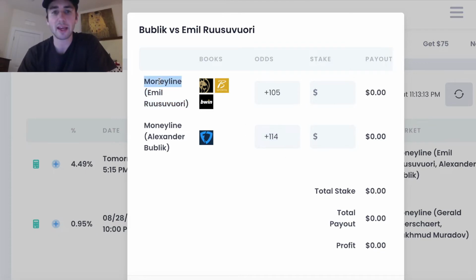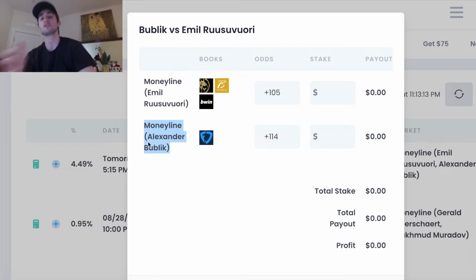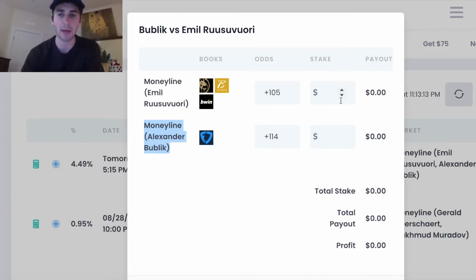On the other hand, if Rusavario wins, we profit $105 on MGM, but we lose the $100 we bet on FanDuel on Bublik. So we profit $5, 105 minus 100. So if you're getting plus money on both sides on equal and opposite outcomes, that's literally risk-free money. For every $100 you bet, you're earning a risk-free return on capital.